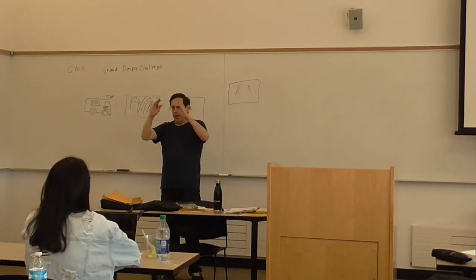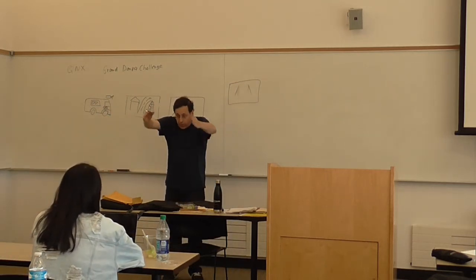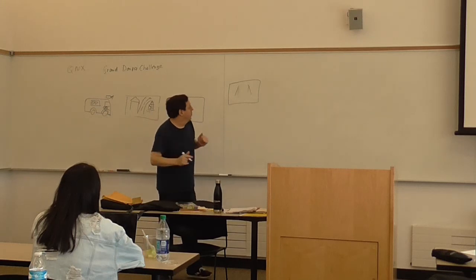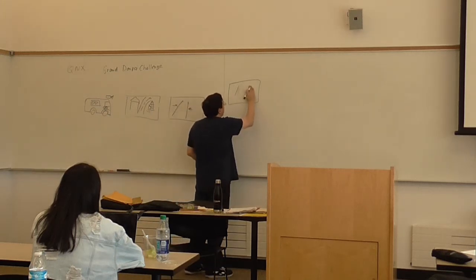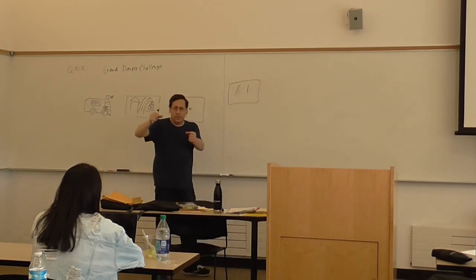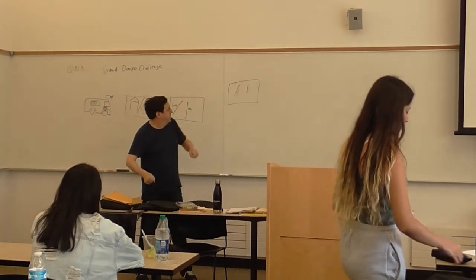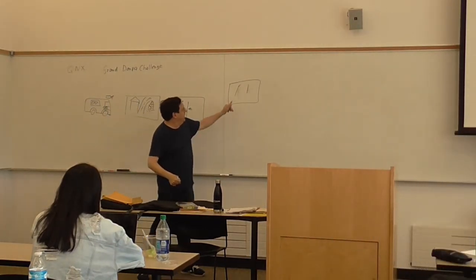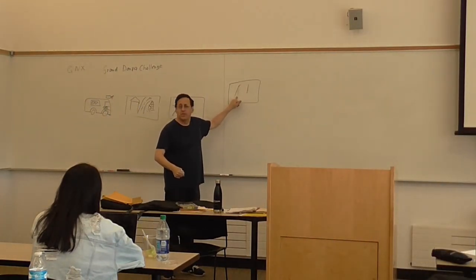If the angles are the same, then that's fine. I want to go straight, right? But if the angle up ahead is a little off to the right, it means I've got to turn the wheel, right? So what did I need to know? I needed to know the slope of these lines.